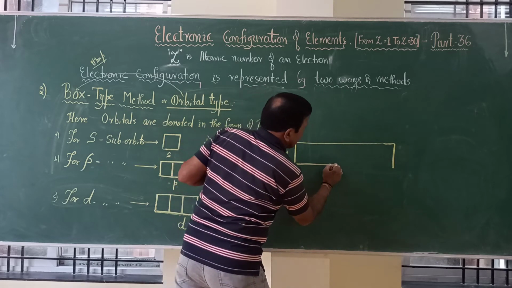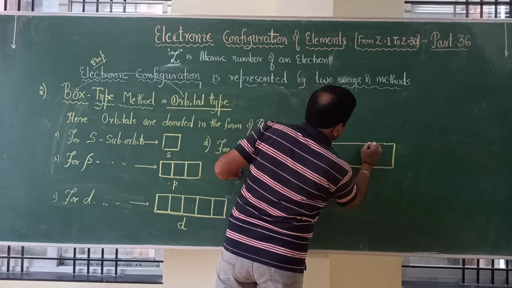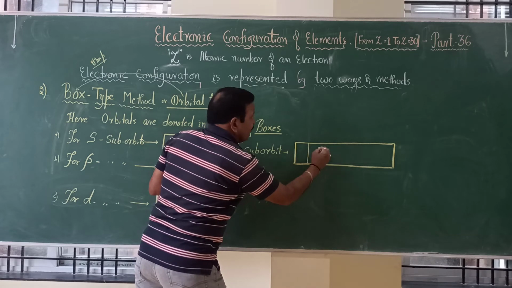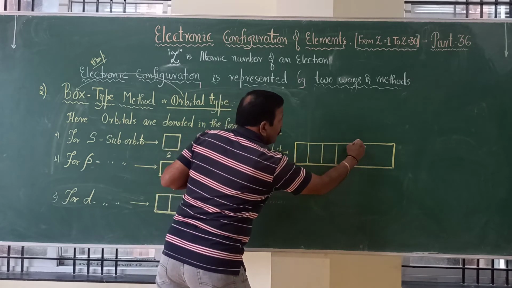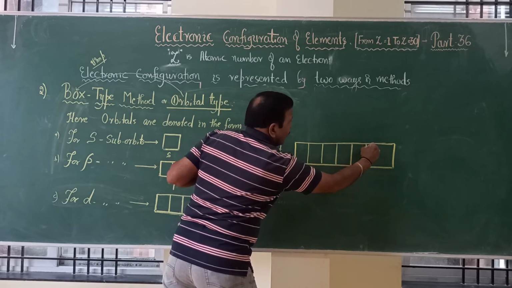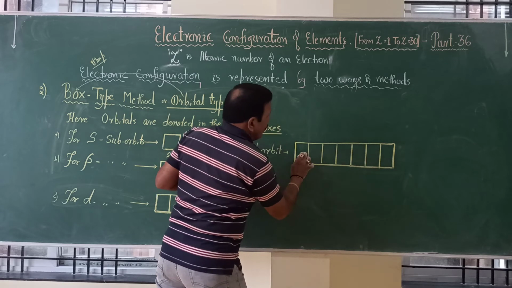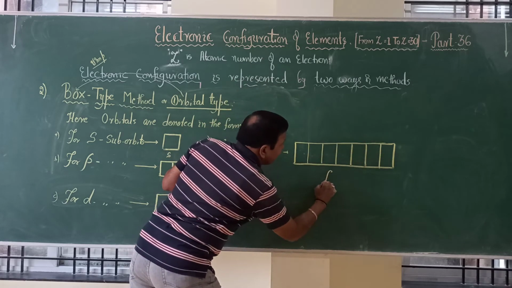What they are, we don't know, because they are complicated in shape, and hence we are going to write a representation 1, 2, 3, 4, 5, 6, and 7. So this is any f orbital.